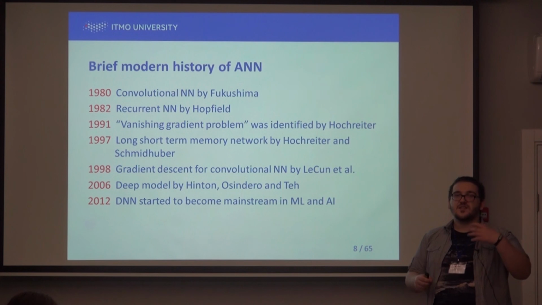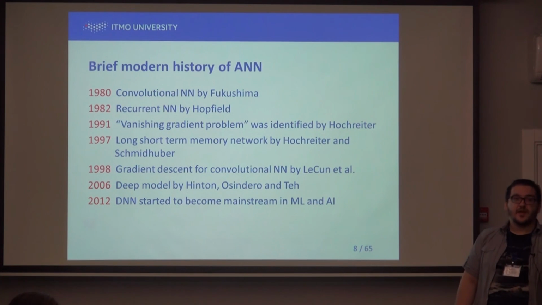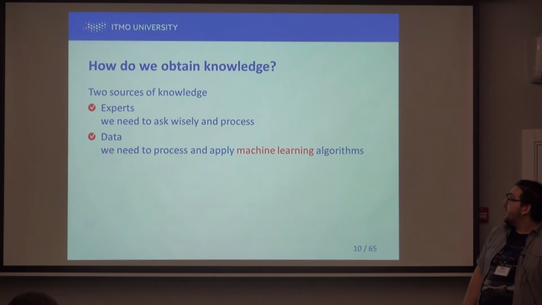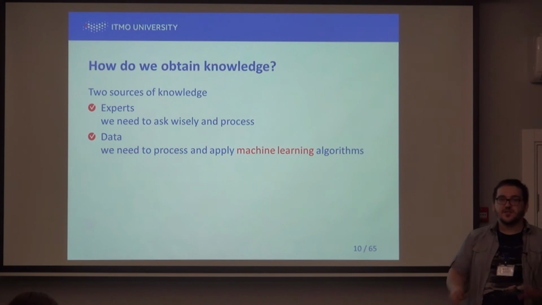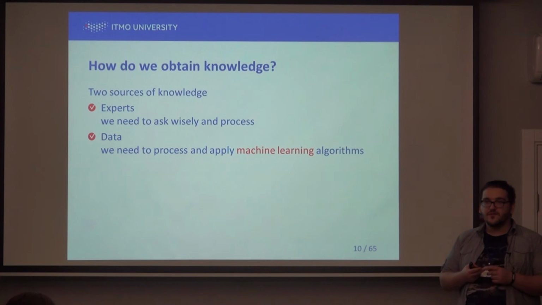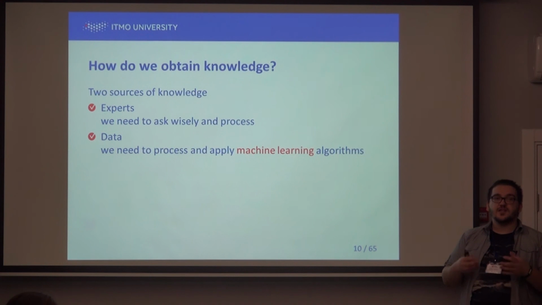So today I'll just give you a very brief introduction to what deep neural networks are and why they are so fascinating. First of all, we'll talk about machine learning. Machine learning, in brief, is how we can get knowledge. There are two paths to get knowledge, and the first is to ask experts.